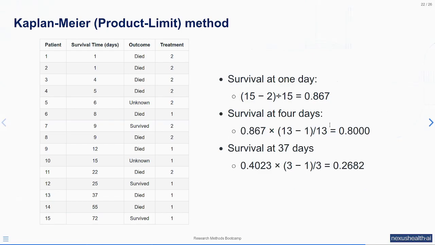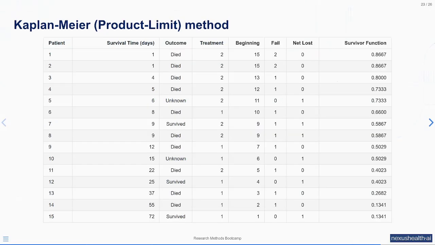So survival at day 4 is given to us as 0.80, and so similarly you can do that all the way to day 37. By day 37 we had just 3 people surviving at the beginning of day 37, and of that 3 people, 1 person died, and so the probability of survival at 37 days is 0.2682. So this is how the survival is calculated for each time period in consideration.